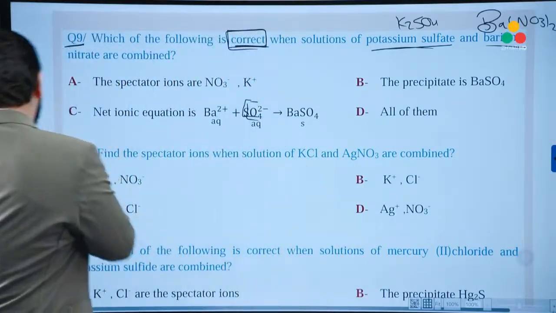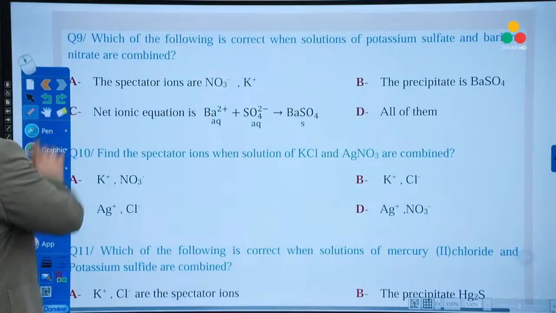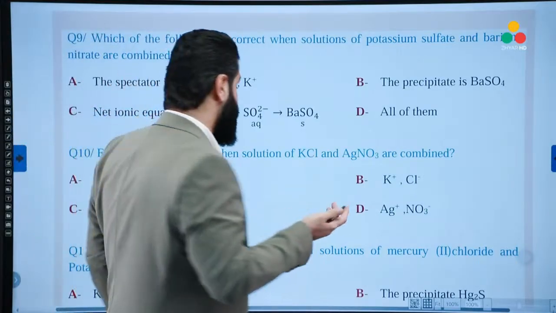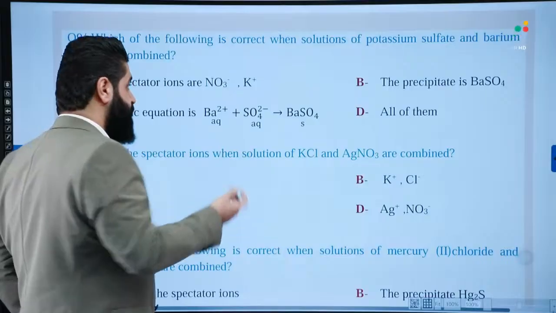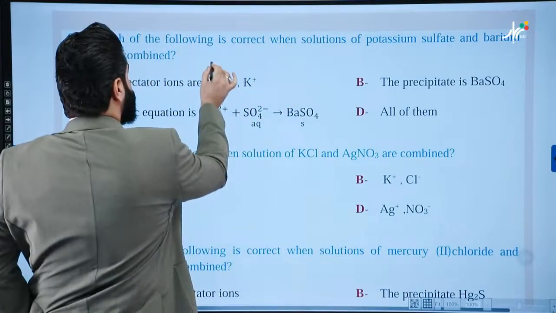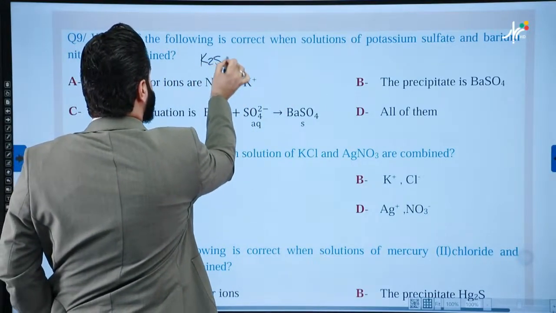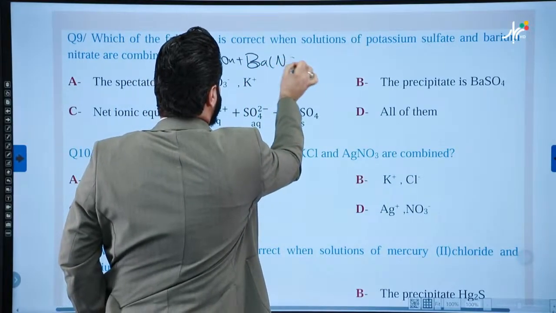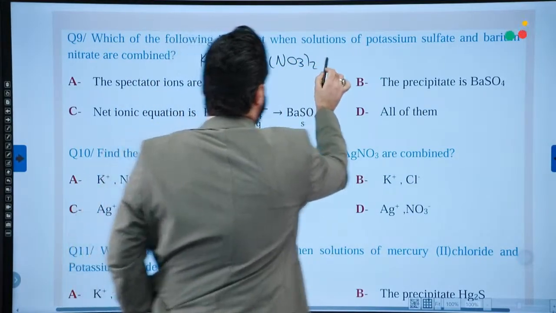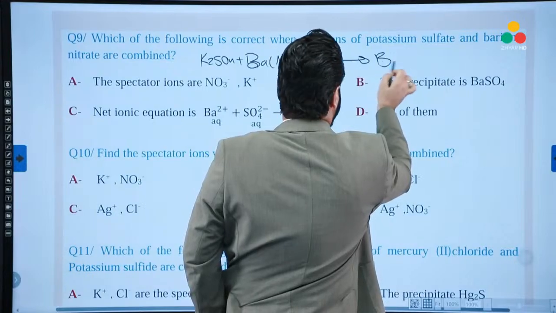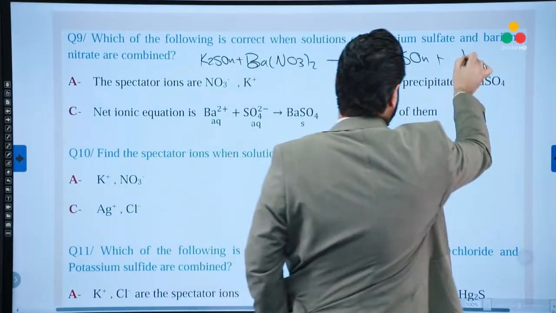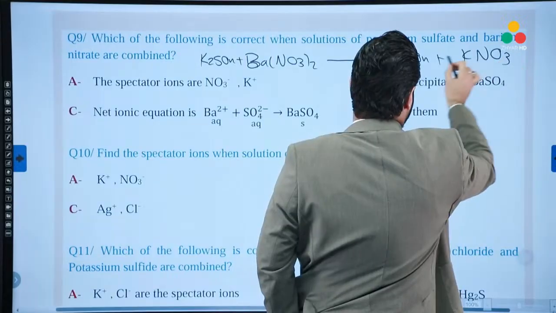But to solve such questions, I'm going to use the fast way. The fast way is very safe here. Look at it. Potassium sulfate, K2SO4, plus barium nitrate, Ba(NO3)2, to form BaSO4 plus KNO3.